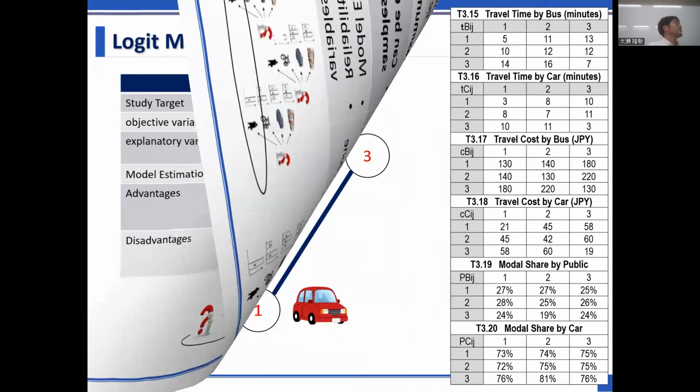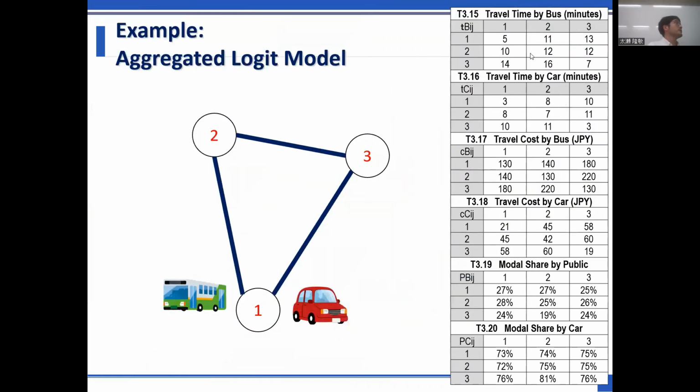Yes, aggregated logit models, and this is totally similar to the modal share curve by OD pair travel time. Yes, 1 to 2, 10 minutes, and 1 to 3, 14 minutes, such kind of parameters is estimated.